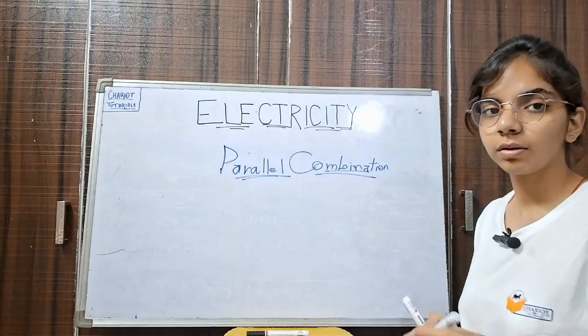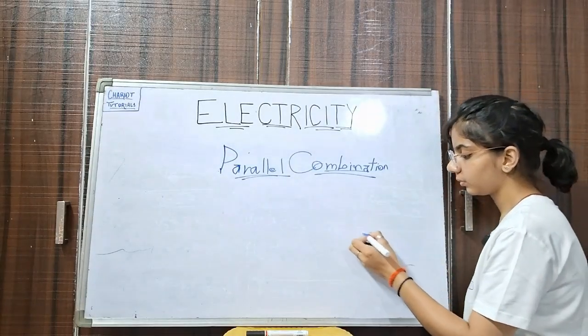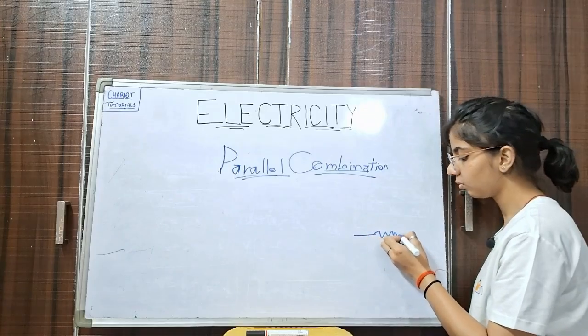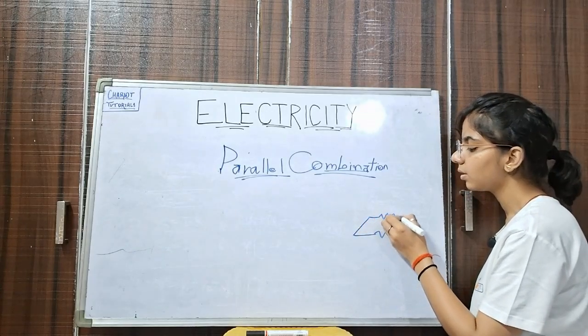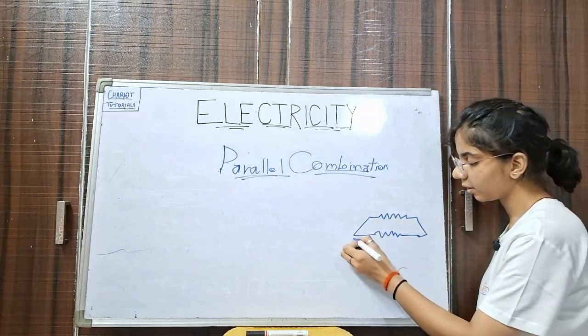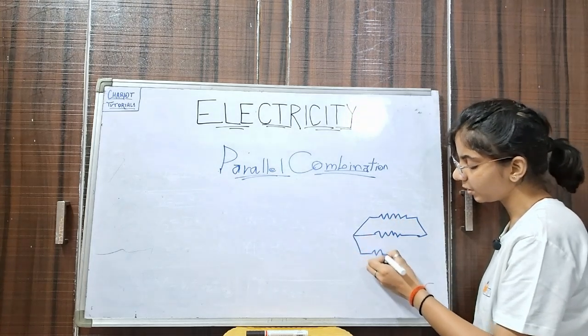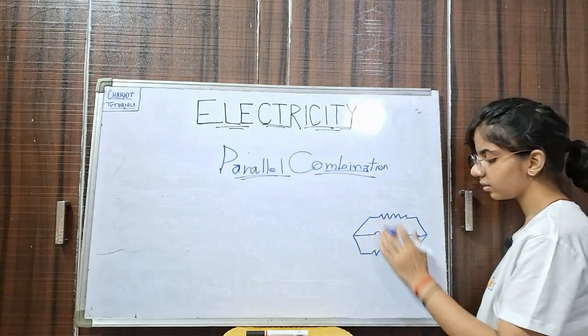Now what happens in parallel combination? First of all, let me draw a circuit for you, right? In parallel combination, the different individual resistances are connected by a common point. See what is happening?